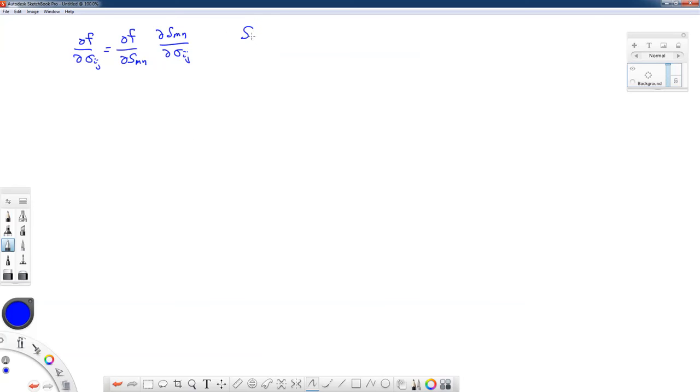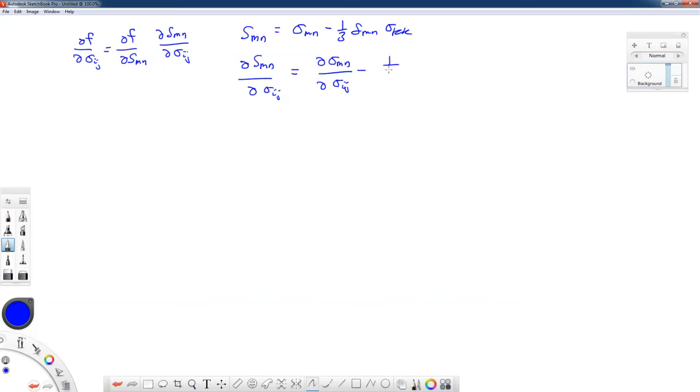So now smn is equal to sigma mn minus 1/3 Kronecker delta mn sigma kk. So let's evaluate this first. We're going to take the partial derivative of smn with respect to sigma ij. So the partial derivative of sigma mn with respect to sigma ij.